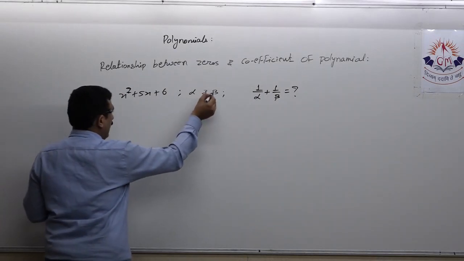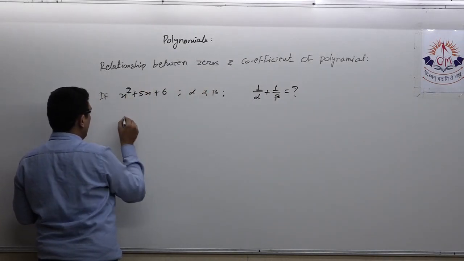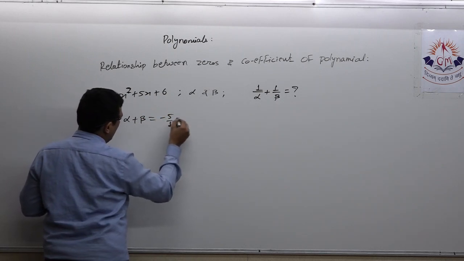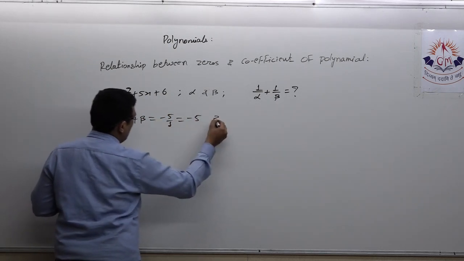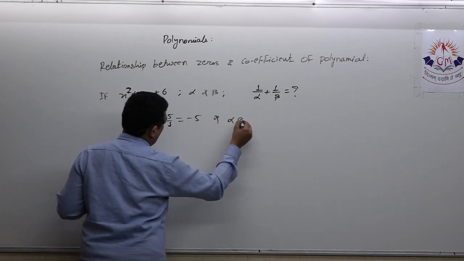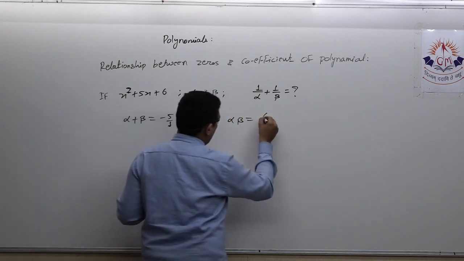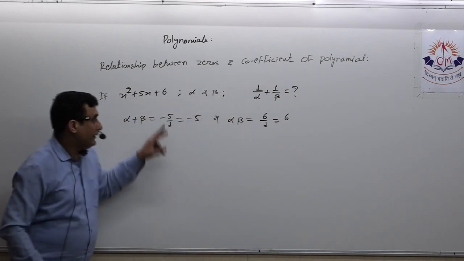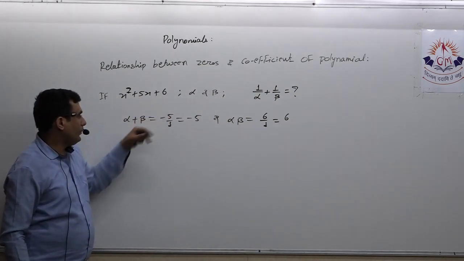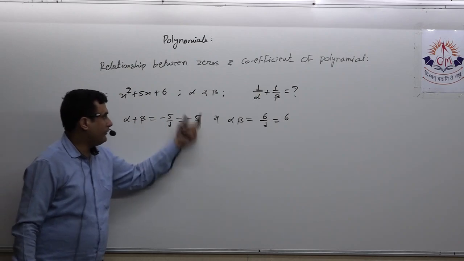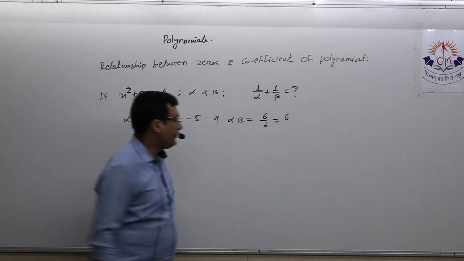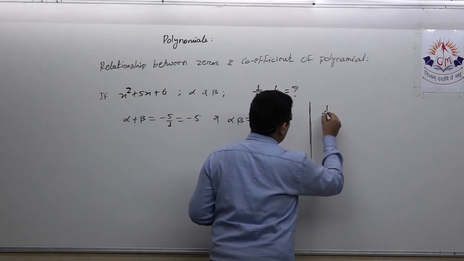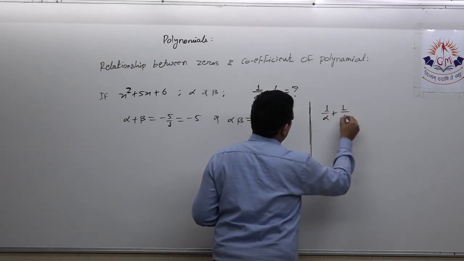So alpha and beta are zeros of this, so I can write alpha plus beta equal to minus b upon a, that is minus 5. Also alpha into beta is equal to c upon a, that is 6 upon 1, that is 6. Now I have to obtain the value of 1 upon alpha plus 1 upon beta.